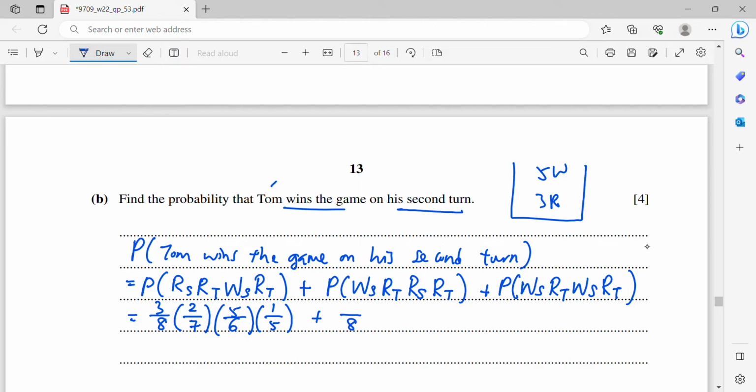So white is 5, then the total left 7, the red color is 3, now the total left 6. So you have taken one red from the back, that means the total red now becomes 2, and then lastly red is 1 out of 5, plus white is 5 over 8, then total becomes 7, total becomes 6, total becomes 5.